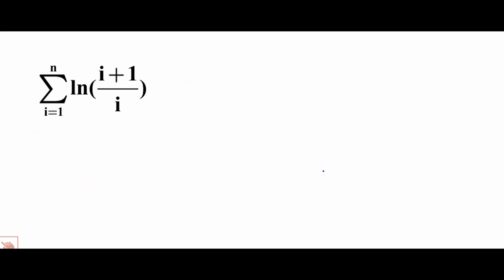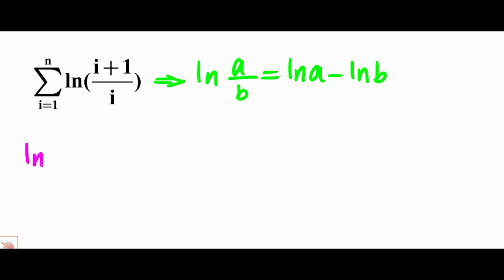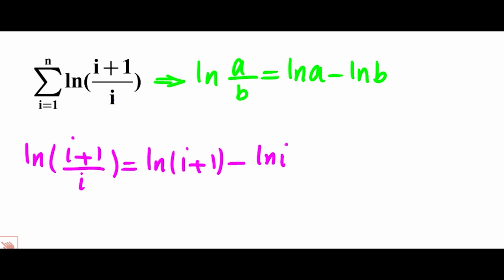Number 5, evaluate the sum of ln of (i+1) over i from i equals 1 to n. This is a more advanced telescoping sum involving logarithms. We use the logarithm property. We know that ln of a over b equals ln of a minus ln of b. So ln of (i+1) over i equals ln of (i+1) minus ln of i.